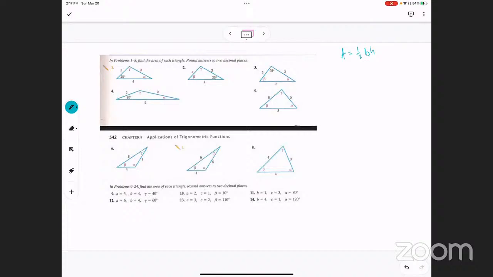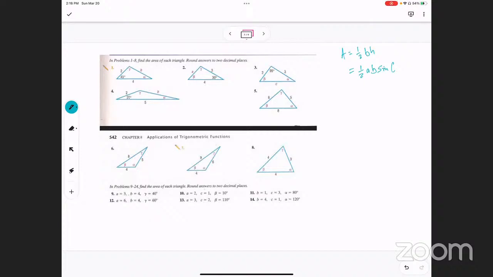It's 1/2 AB sine C. So it's kind of like if you have a side, angle, side, then you can find the area with that formula. Yeah. Okay, so I'll do number 2 because it looks like number 1's in the back of the book.